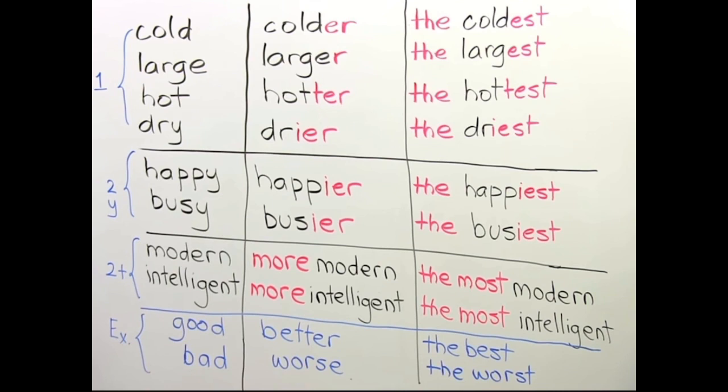Okay? For example, intelligent. He is intelligent. He is more intelligent. He is the most intelligent. But we don't change the adjective itself. So these are the basic things that you have to remember.